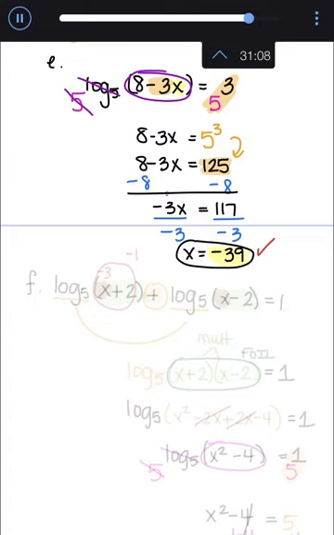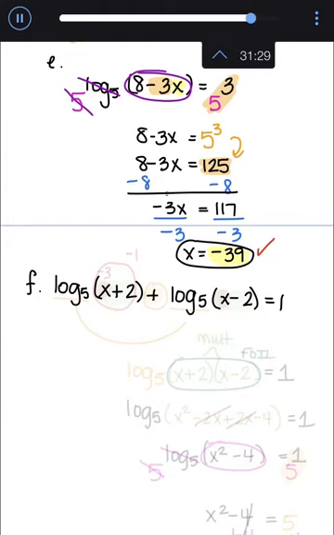Let's take a look at one last problem, F. In F, we have log base 5 of x plus 2 plus log base 5 of x minus 2 equals 1.